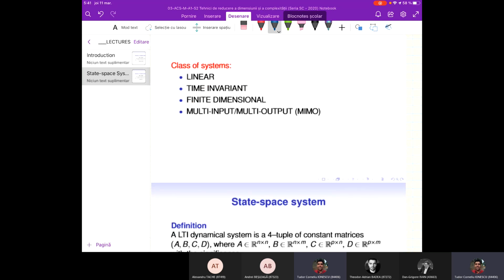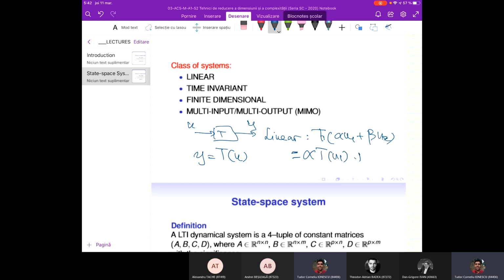What exactly is linear? If you have a system with an input and an output, the output Y is the operator T of the input. Linear means that T of alpha U1 plus beta U2 is alpha T U1 plus beta T U2, which is alpha Y1 plus beta Y2.